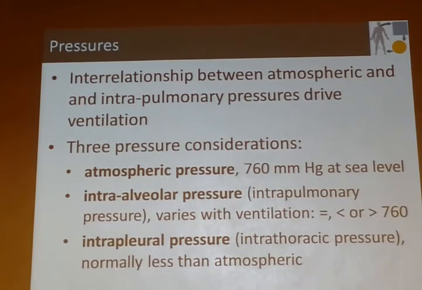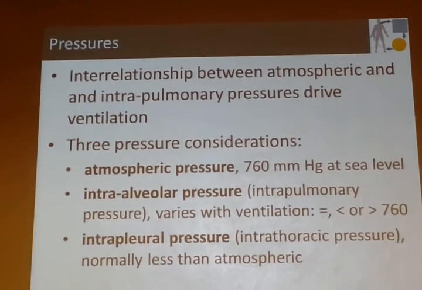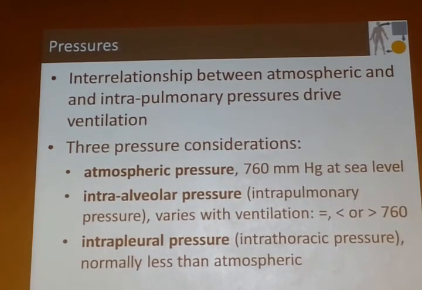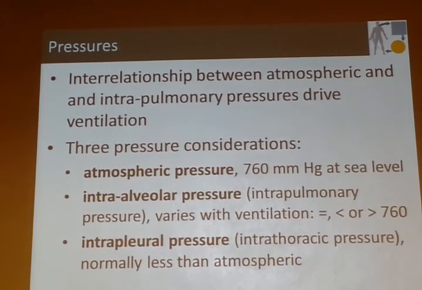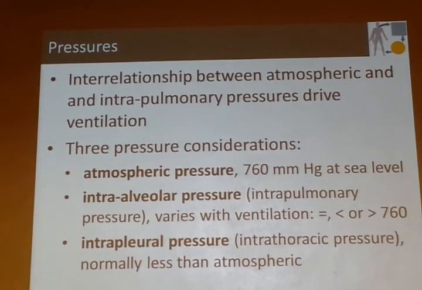That is creating a negative pressure in that intrapleural space, and it usually is around -3 to -4. I've seen some books say -5, but I haven't seen anything say less than -3. So it's going to be negative, and it's going to be way less than atmospheric pressure.